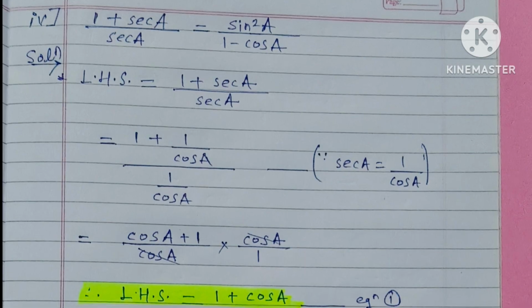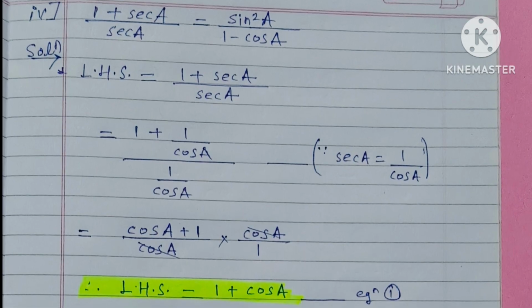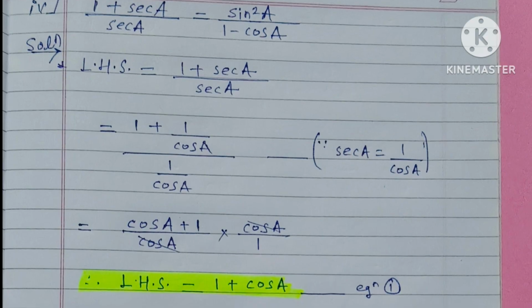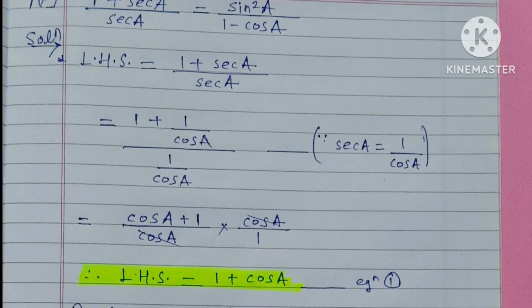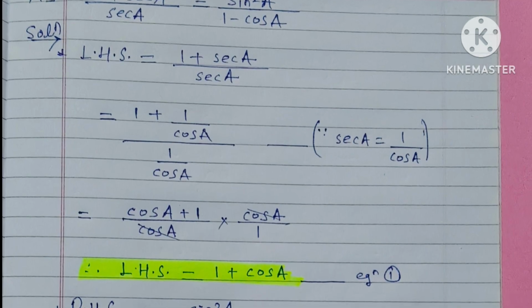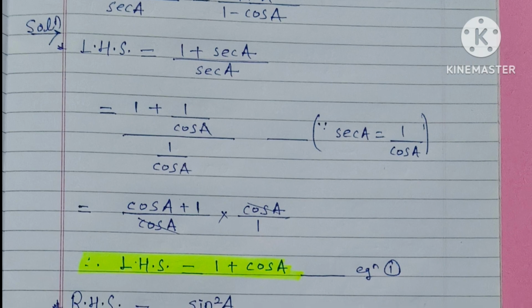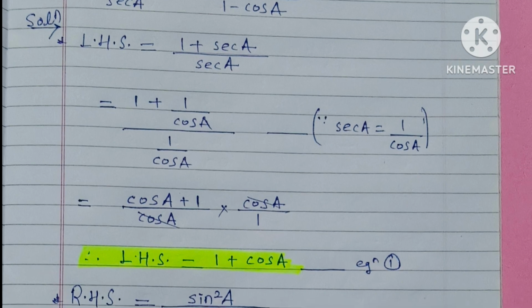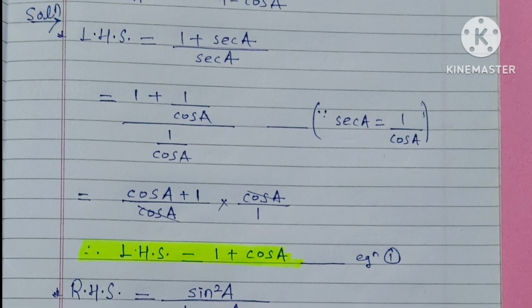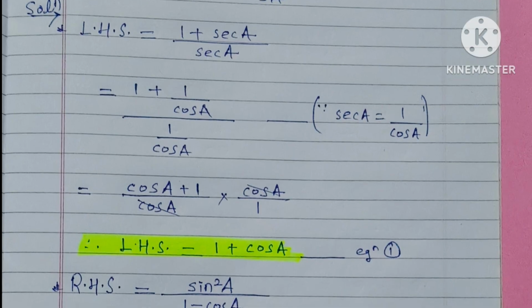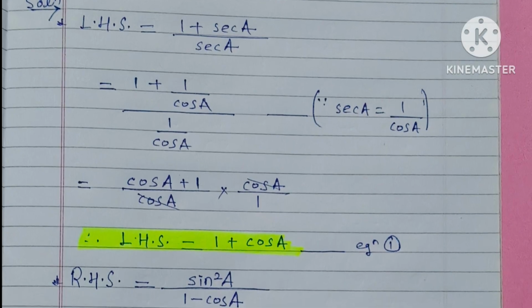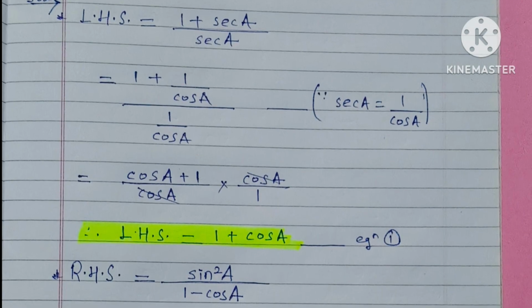We know sec a is equal to 1 upon cos a. So substituting the values into the LHS, we'll get 1 plus 1 upon cos a divided by 1 upon cos a. Now the numerator part we have solved, that is cos a plus 1 divided by cos a, because we have taken the LCM as cos a, into cos a divided by 1.